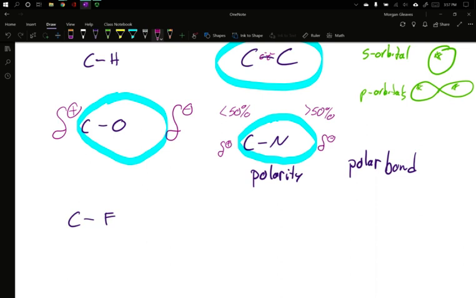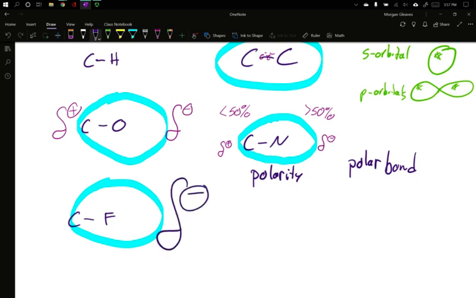Those electrons have moved even more onto the oxygen. And so we get another polar bond between carbon and oxygen. And on carbon-fluorine, same deal. It spends the vast majority of its time out on that fluorine, so it is an even proportionately bigger partial negative and a bigger partial positive. The greater the difference in the electronegativity, the greater the polarity of that bond.